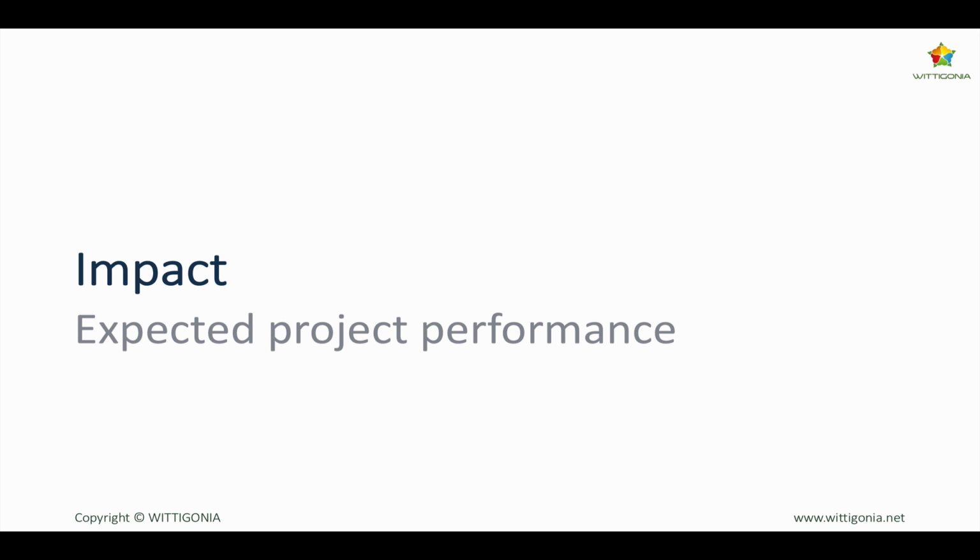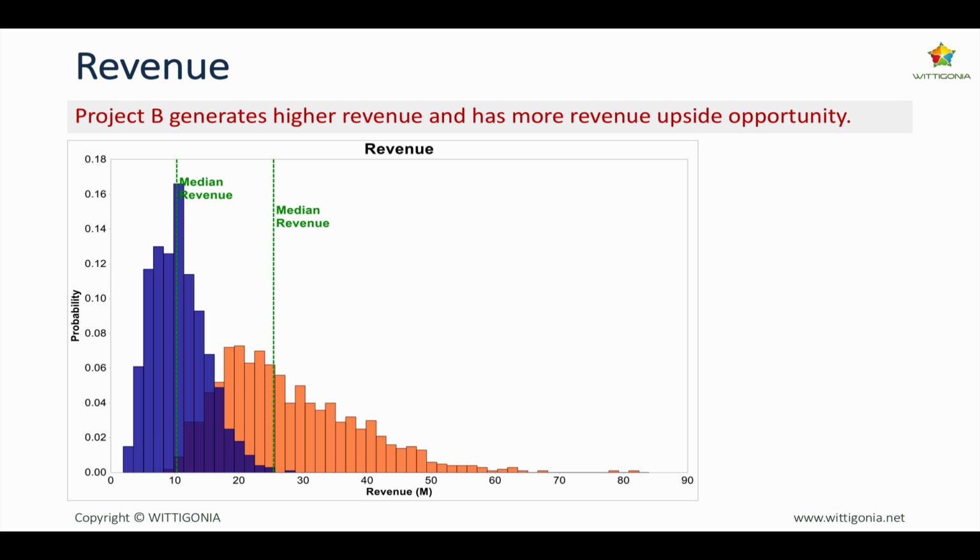So what we are doing now is to take a look at the outcome, the impact on the expected performance. When we are running the simulations, let's say 1,000 times, what is the impact on revenue, for example? And here the picture shows that project B generates higher revenue and has more revenue upside opportunity.